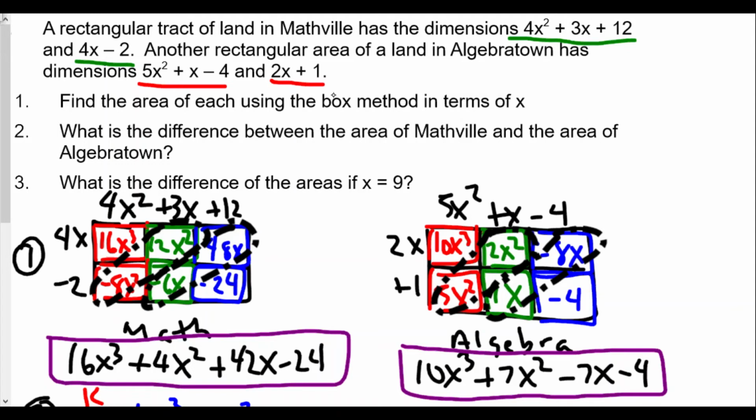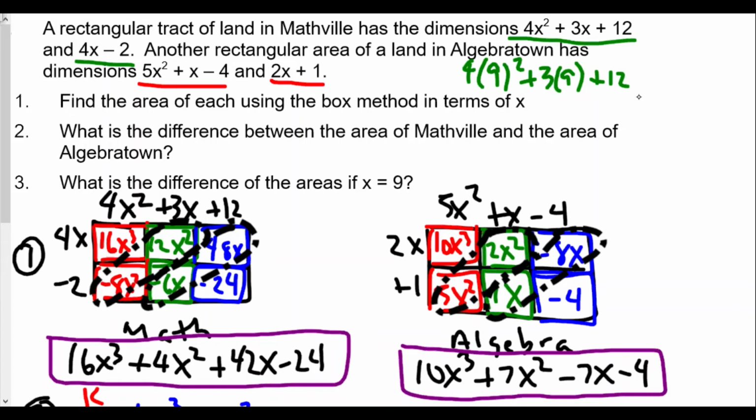Find those numbers and multiply, and then subtract. So that's definitely one way you can do this. Please make sure, if you do that, that you show what you're plugging in. For example, for the first dimension, I would write 4 times 9 squared plus 3 times 9 plus 12, so I know you're plugging in here, and you do the same for all of them. And then you find the areas and subtract.